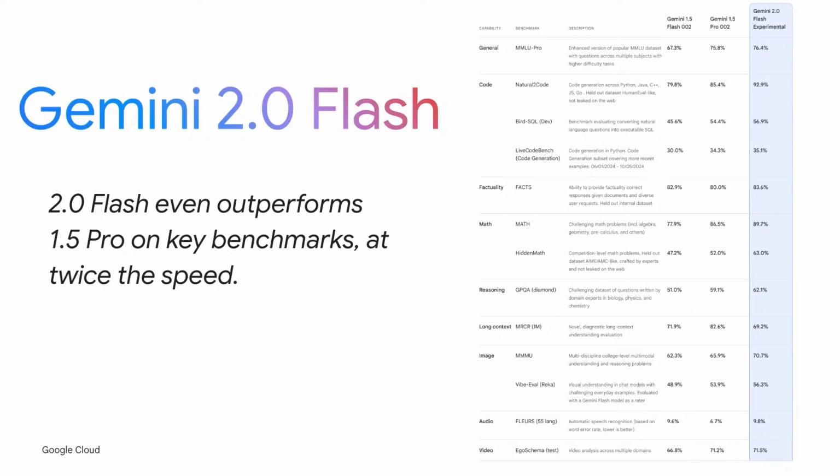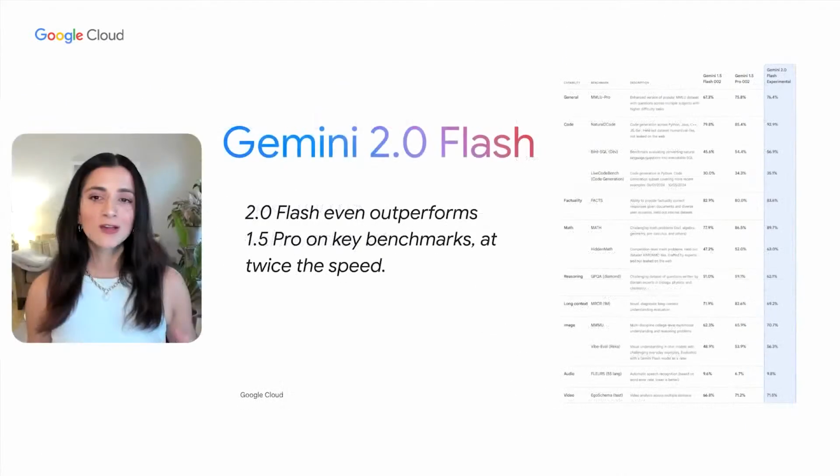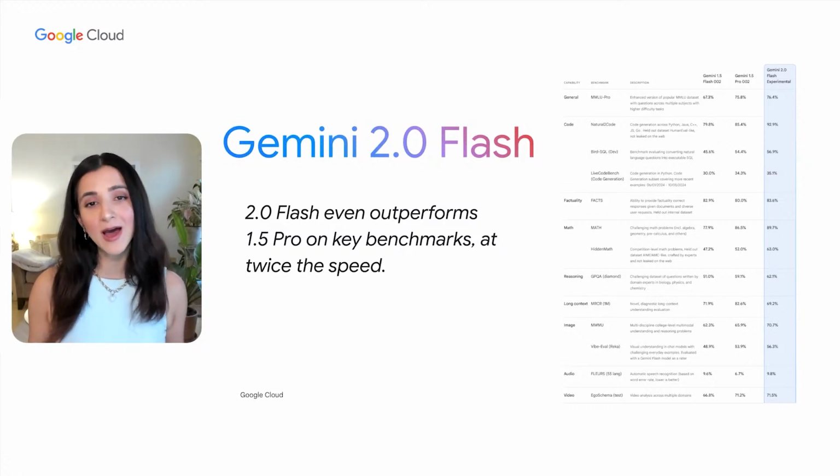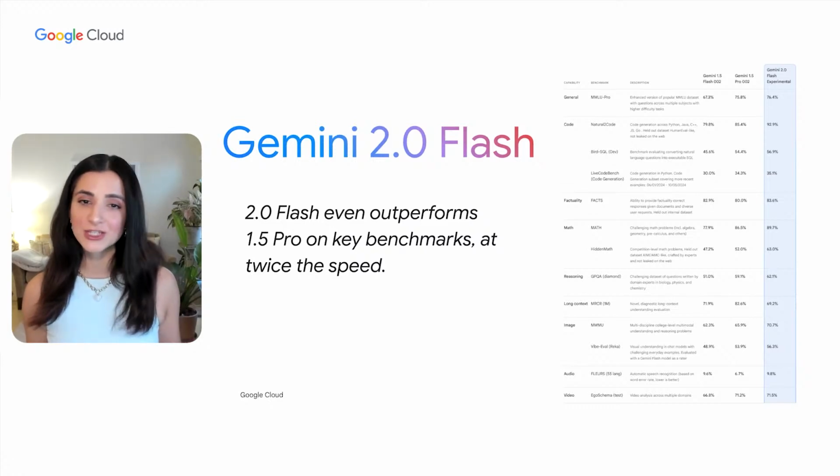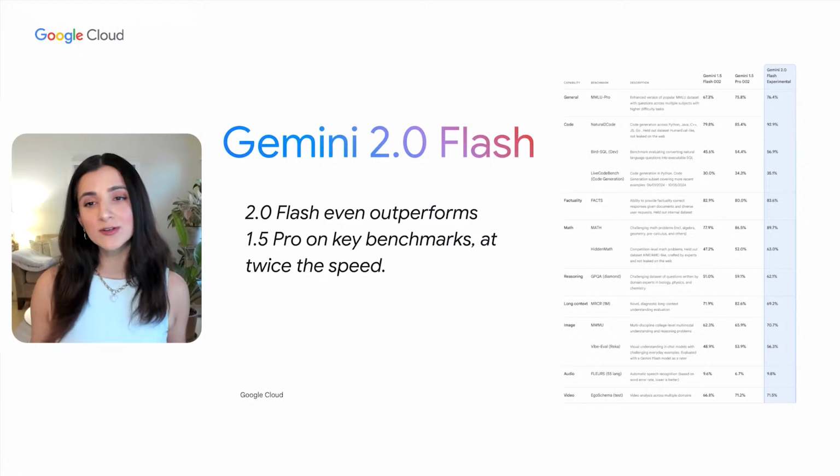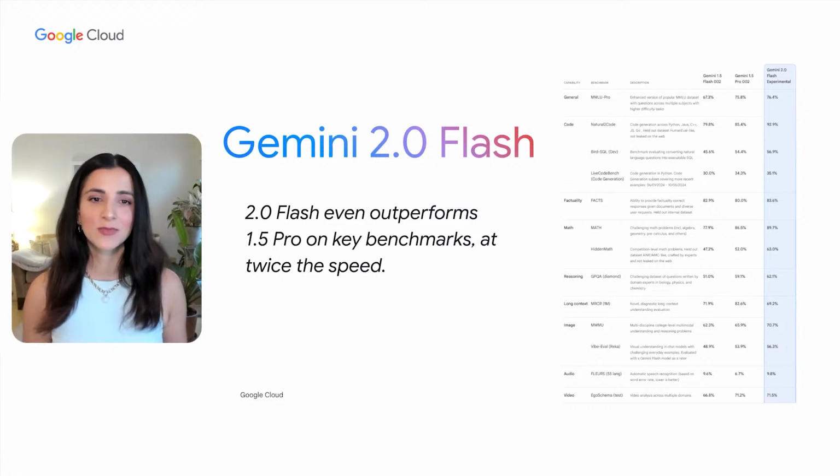And what was really exciting was to see 2.0 Flash actually outperform the 1.5 Pro model on key benchmarks at twice the speed. So if you've already used Gemini and you've used the 1.5 models, you can think of Flash as an upgrade path for 1.5 Flash users who want better quality, or 1.5 Pro users who want slightly better quality and real-time latency for less.